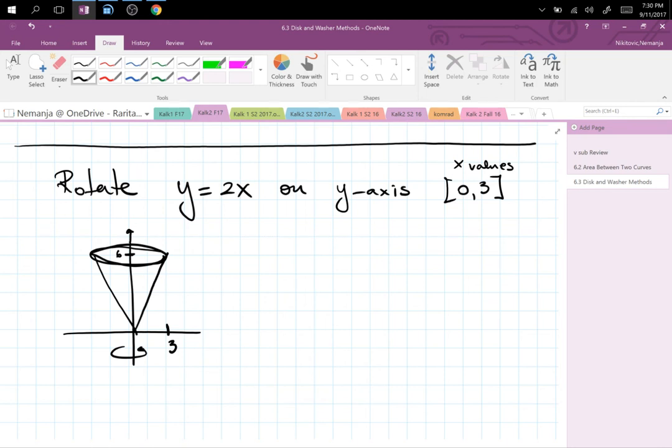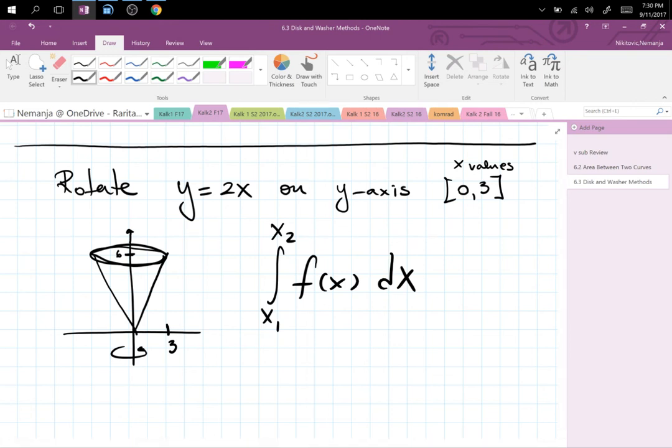So you don't get to use your x values. Be very careful about those things. Remember what I said on the first day last week. I said x, x, x, x, y, y, y, y. So I gave you the function y in terms of x. I gave you the domain in terms of x.